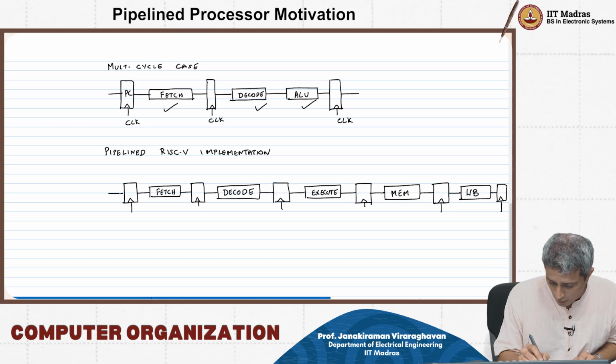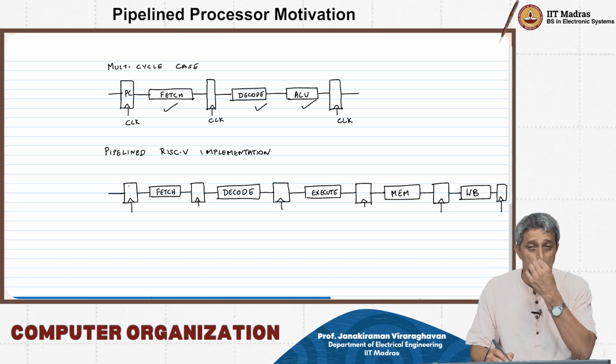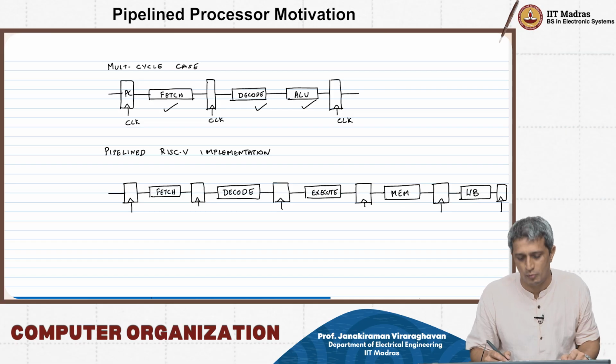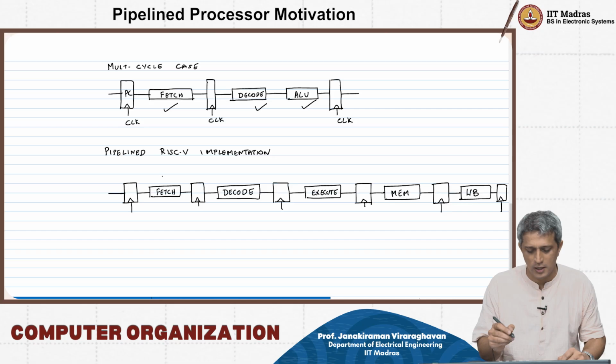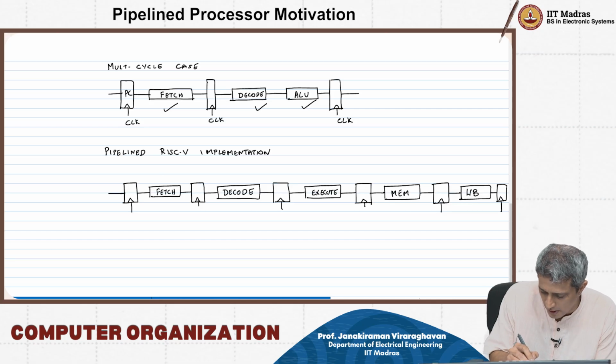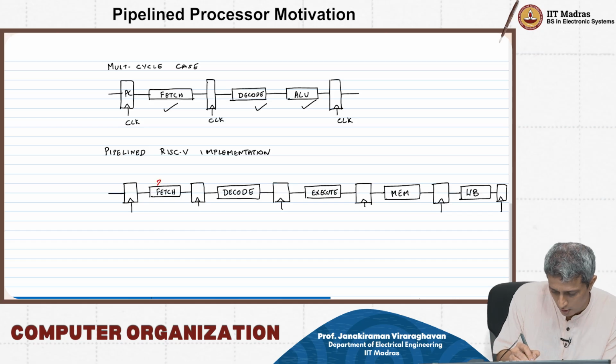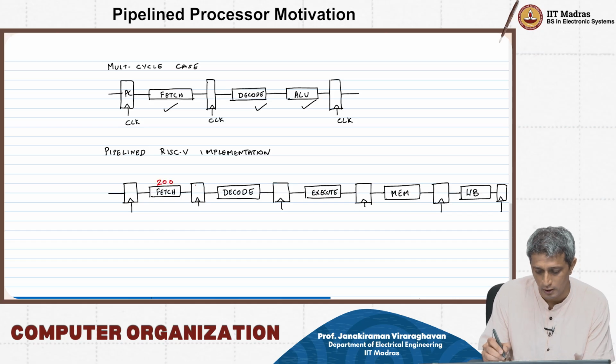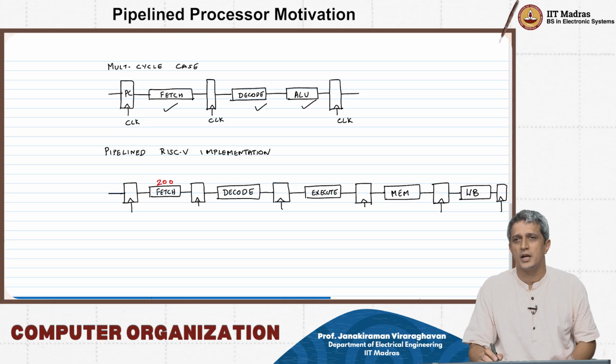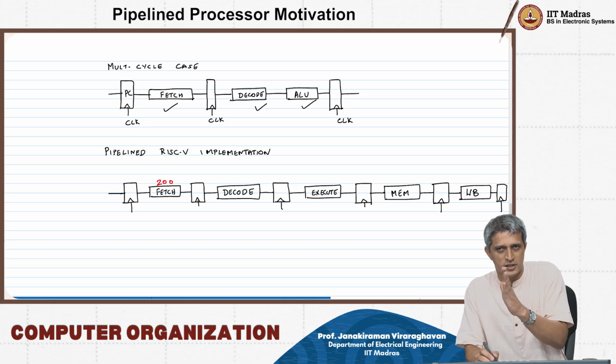Now what we need to do is first understand how fast this clock can be. The fetch is a memory read, so it's about 200 picoseconds. The decode is going to go through the register file.